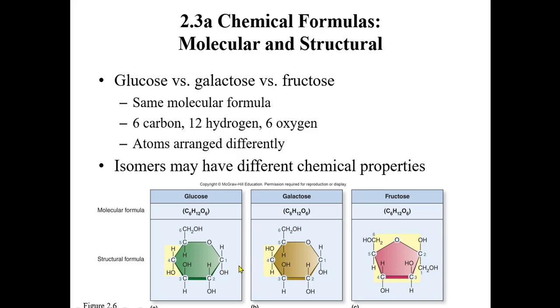These two look a little bit similar, but they don't have the exact same structure. And because of that, they are isomers. And because they are isomers, our body doesn't necessarily treat it as the same thing. They have different shapes, different structures, therefore different functions, even from a biology point of view.